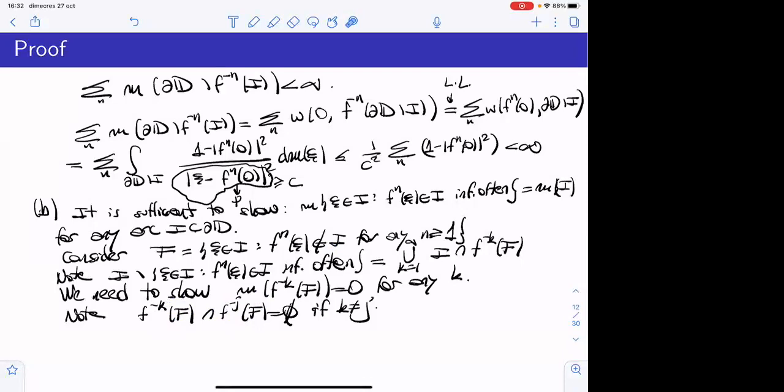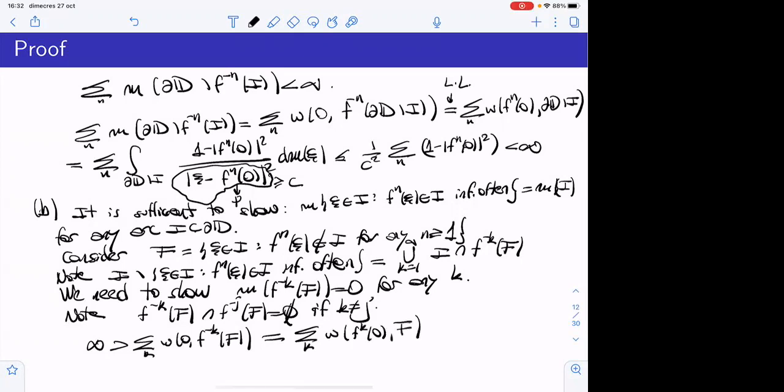So, okay, we have a collection of disjoint sets. And so it is clear, since they are disjoint, that the sum of harmonic measures from the origin will be finite, okay? But of course, again, by Lesnar's lemma, this is just the sum of harmonic measures of the iterates. Okay, this is just Lesnar's lemma.